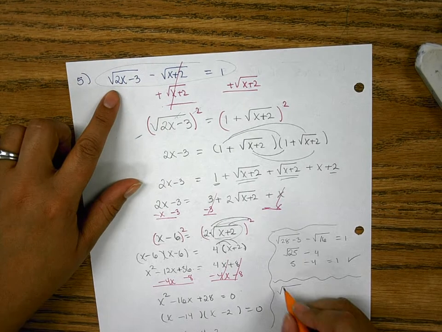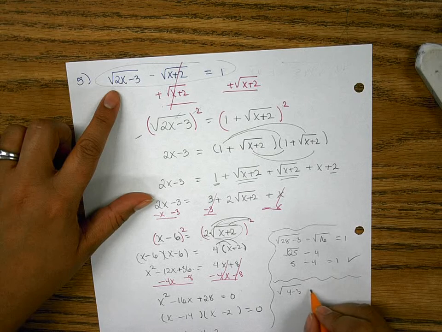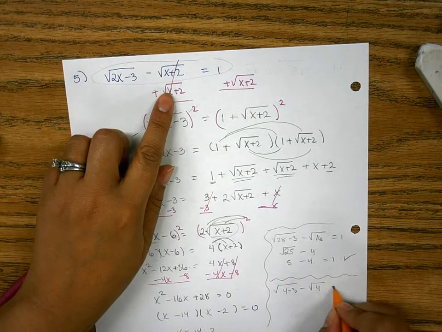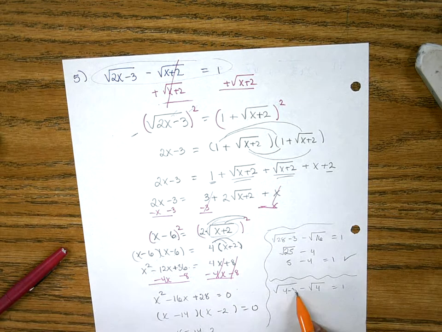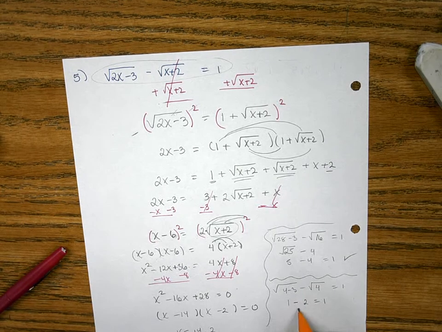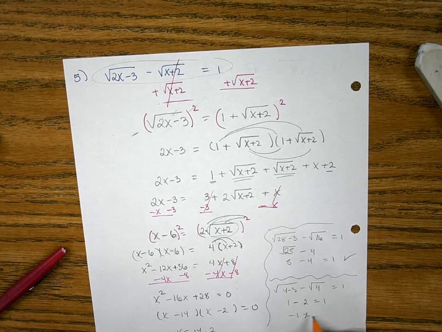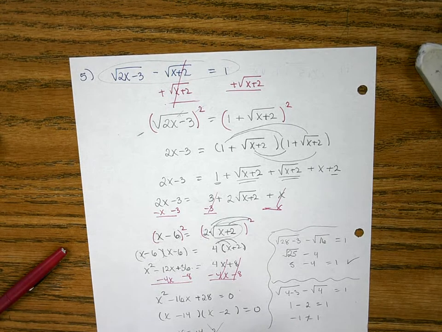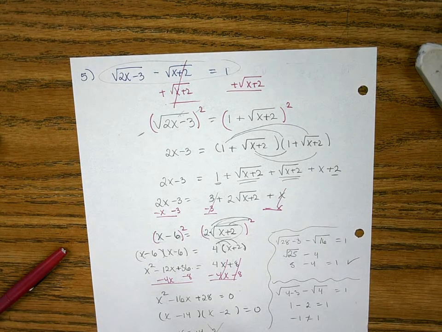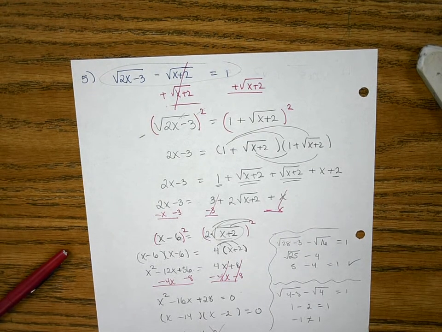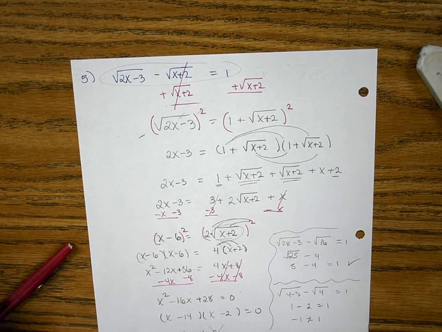Okay, now we're going to check the 2 into the original. 2 times 2 is 4, 4 minus 3, minus the square root of 2 plus 2 is 4, 4 minus 3 is 1, take away square root of 4 is 2, and 1 minus 2 is negative 1, which does not equal positive 1. Therefore, 2 is an extraneous solution, which means our only solution is 14.